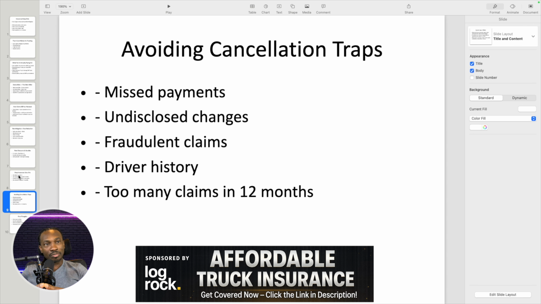So the probability of them dropping you with having a multitude of claims is going to be high. The insurance industry is a business. Yes, they're there to help you in your time of need, but they don't want to help you often. They have to make money off you. And when you put them in the red, then you're not a good investment for them any longer, and they will drop you. All right.